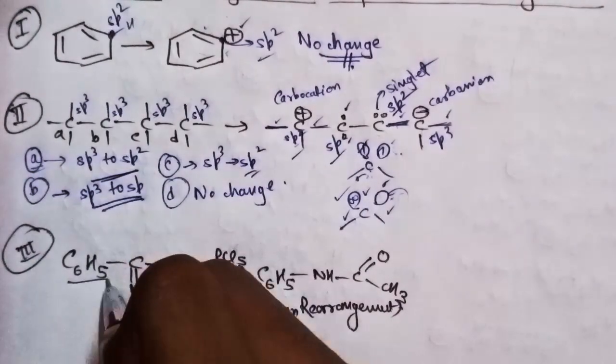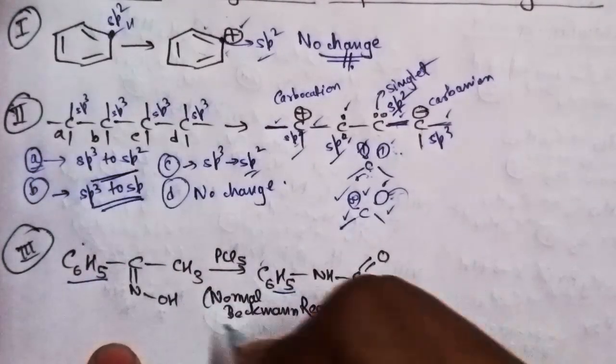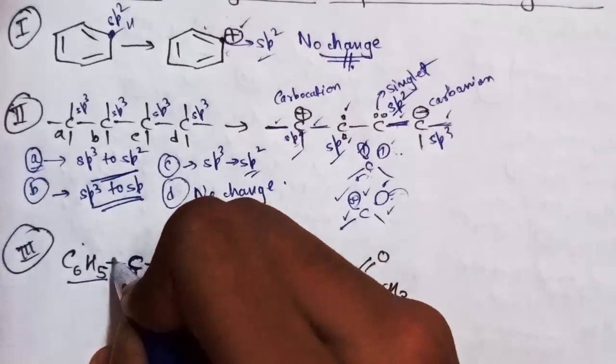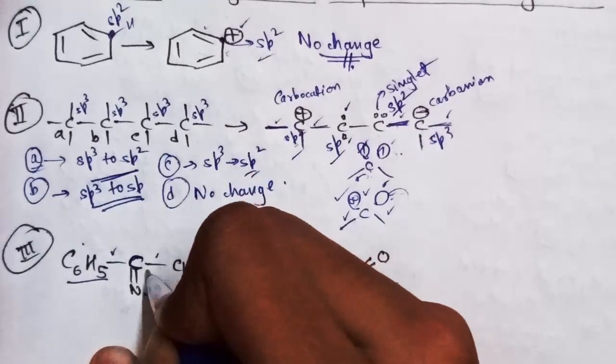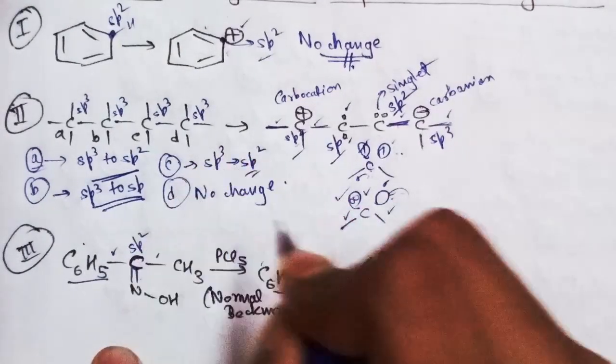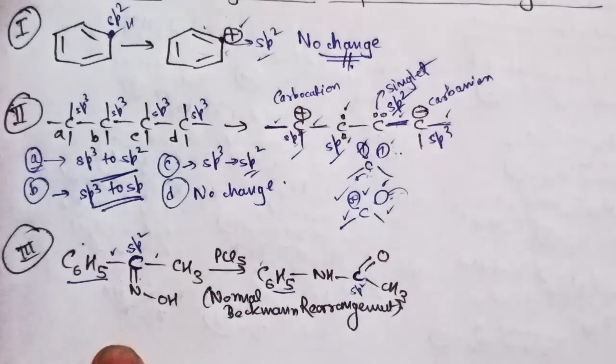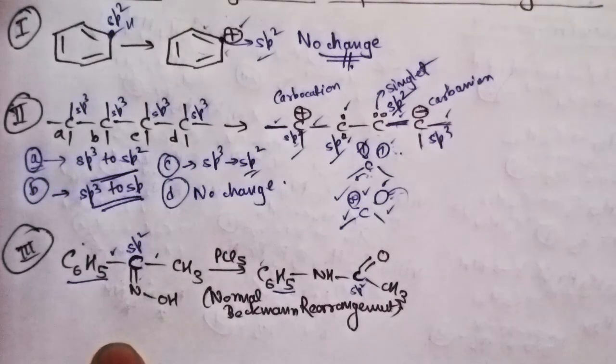Clearly this segment remains unchanged, therefore the hybridization of these carbons remains the same. Talking about this carbon, it originally had 3 sigma bonds and 1 pi bond. Therefore, the hybridization was sp2, and in the final case, this carbon atom is here, and again it has sp2 hybridization only. There is no change in hybridization.